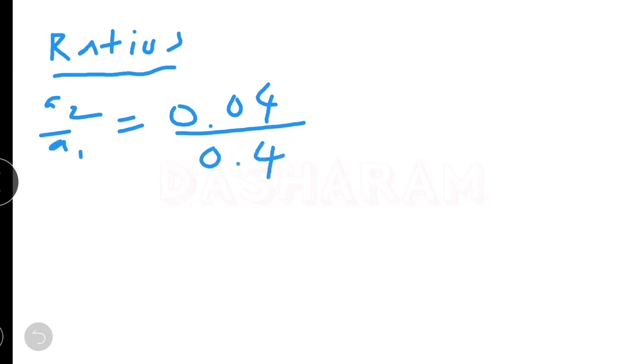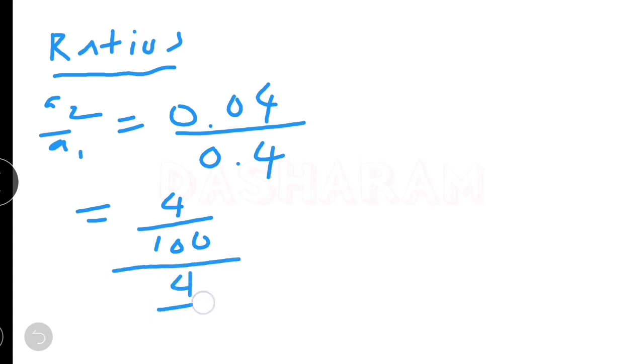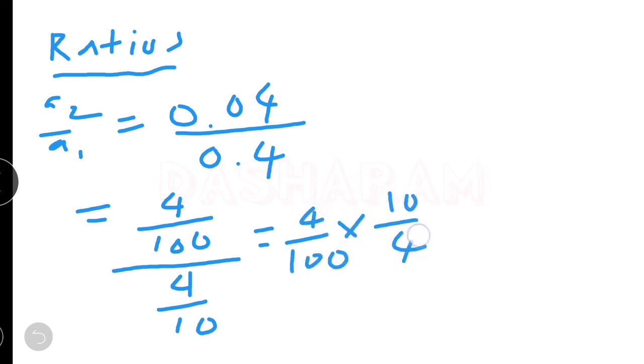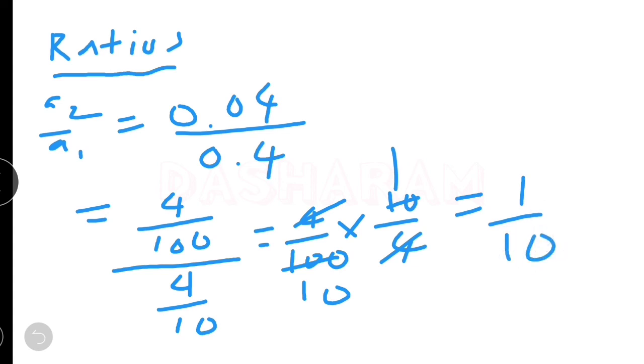See how I am simplifying, observe carefully. 0.04 means 4 divided by 100, converted into fraction form, divided by 0.4, which means 4 divided by 10. Now it is a division of two fractions. So it is 4 by 100 into 10 by 4. Here 4 cancels, 10 ones are 10, 10 tens are 100, so it is equal to 1 by 10. So the first ratio is 1 by 10.